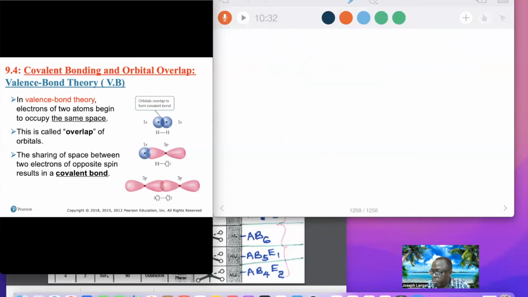For example, hydrogen. You have seen in Lewis structures that a single line represents a covalent bond, but how? If each hydrogen has an electron, how are these electrons shared between the atoms? They must overlap.